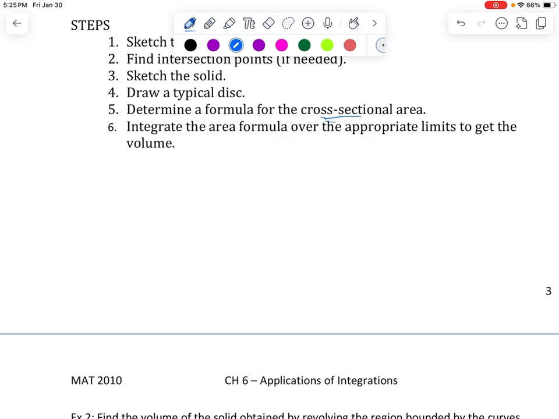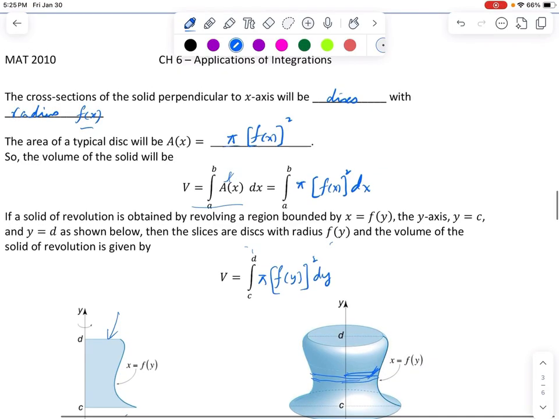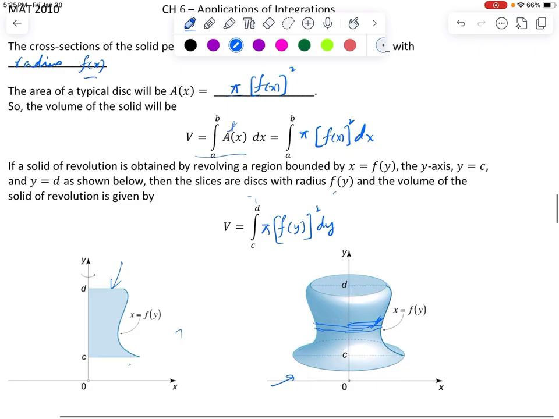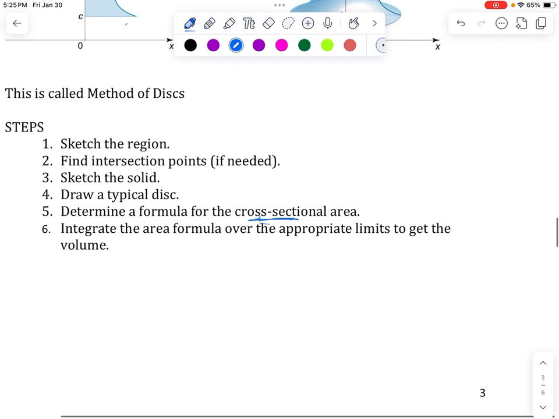In other words, we decide whether we are going to use the one with x or the one with y, because remember the area of the disc will always be pi times the function squared, because it's always going to be a circular disc. And then we integrate the area over the appropriate limits to get the volume.